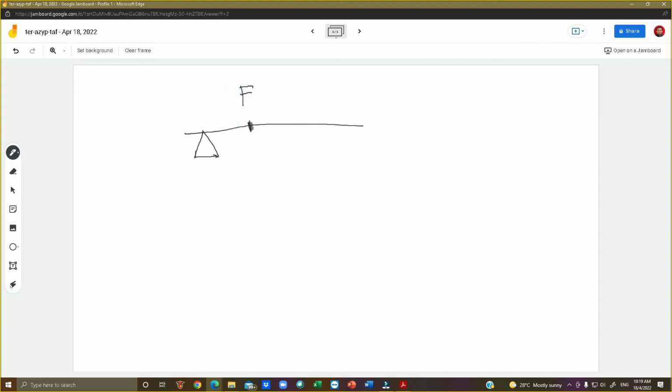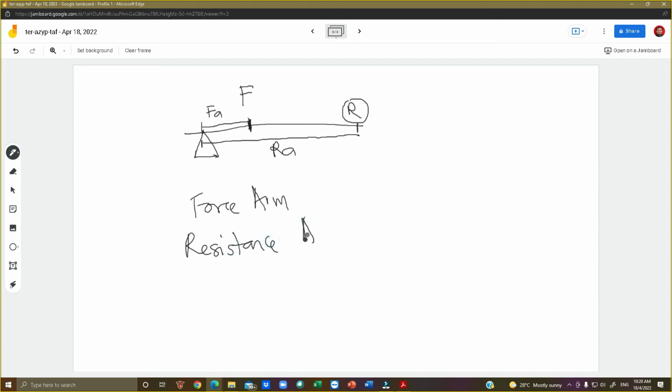So the distance between force application to the axis of rotation is known as force arm. And the distance between resistance and the point of rotation, ni dia, this is known as resistance arm. Ni perkara kedua yang kamu kena tahu.